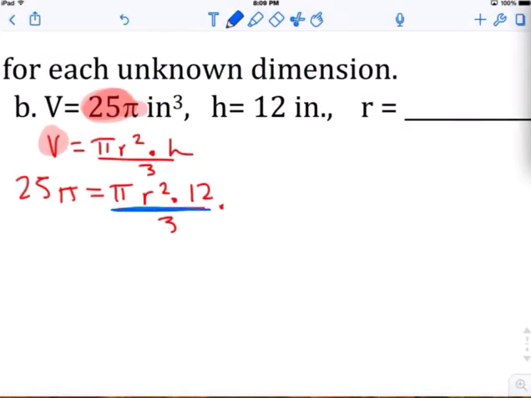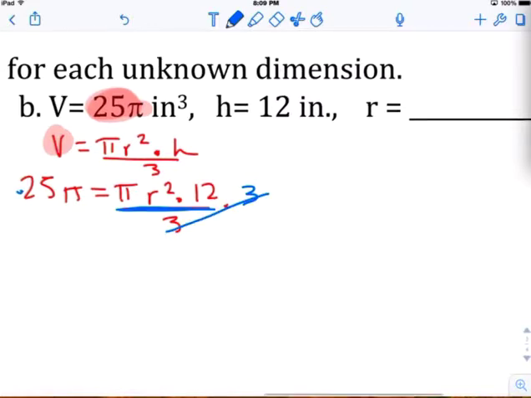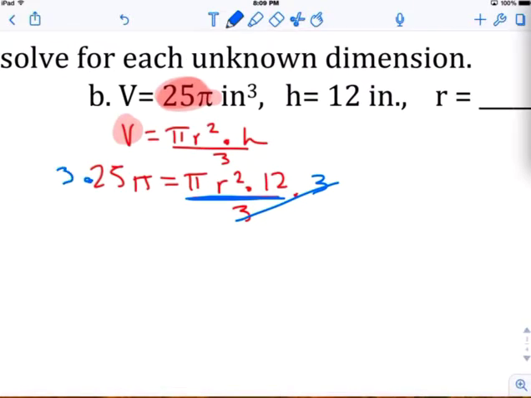You don't want times numerator. Times 3 here, like that. Times 3. That's 75 pi equals 12 pi times radius squared.